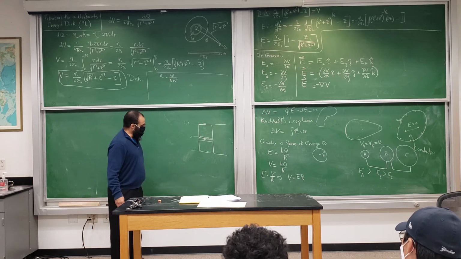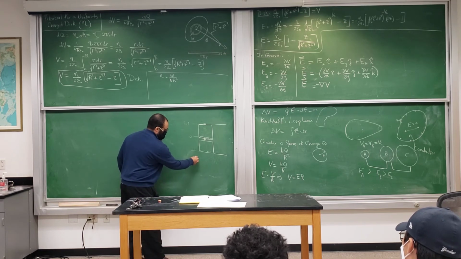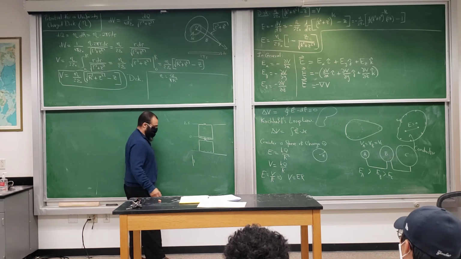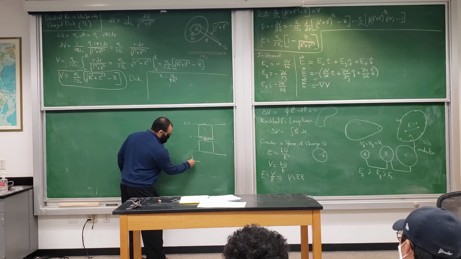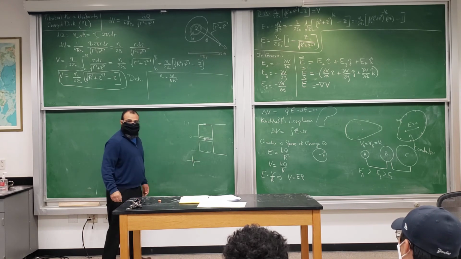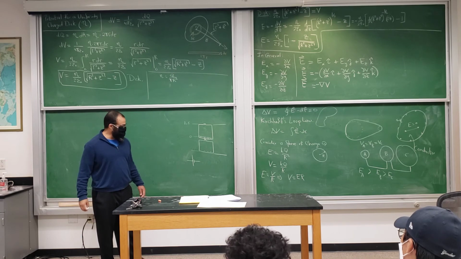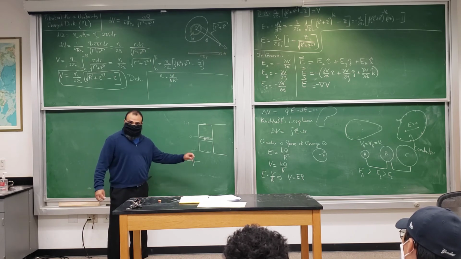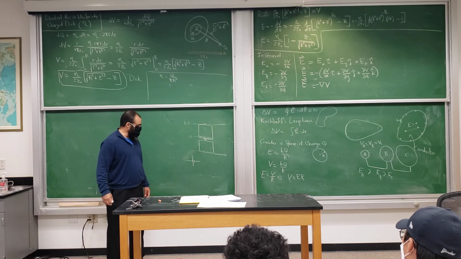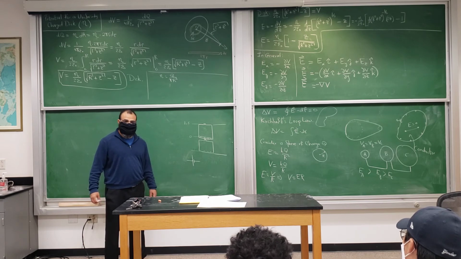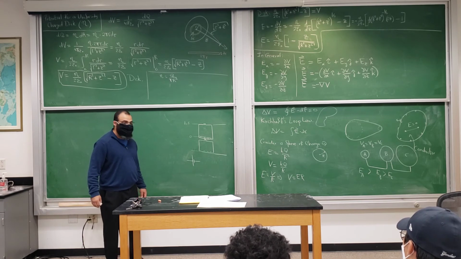The symbol for a battery in circuits, interestingly, looks like this. Usually you have a wire here and a wire here to connect it. Here is the question. In this symbol, which end is the positive end of the battery and which end is the negative? The bigger one is positive.